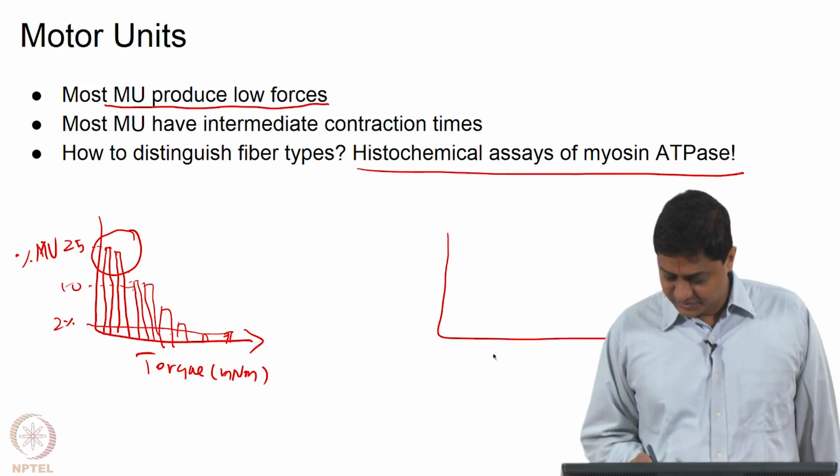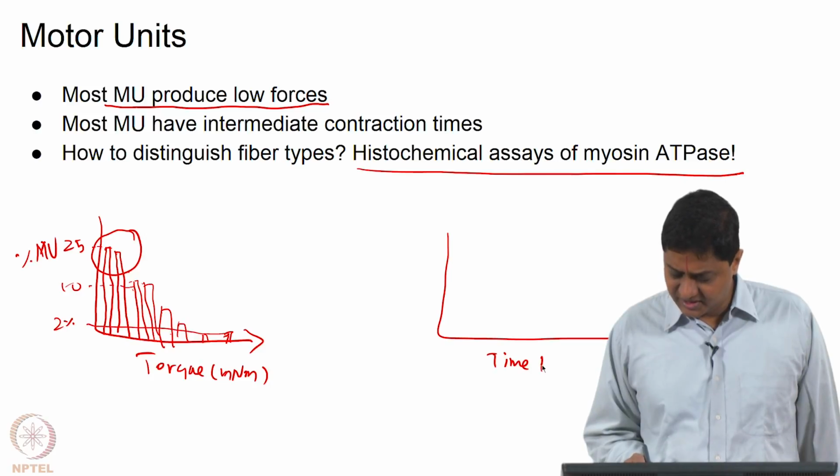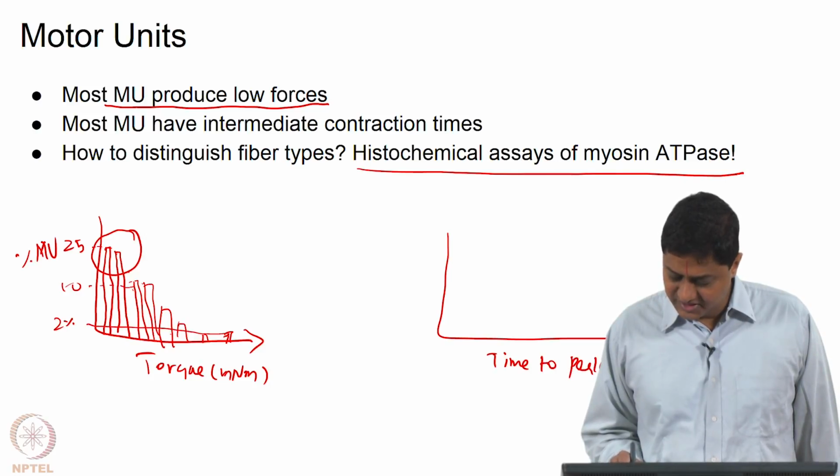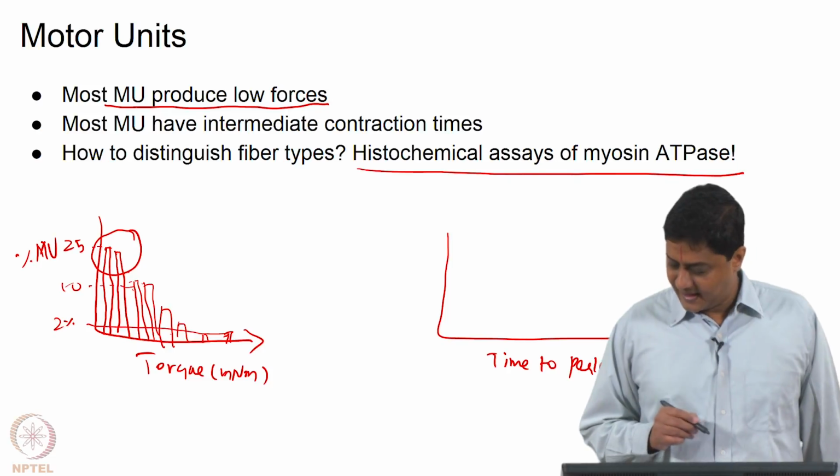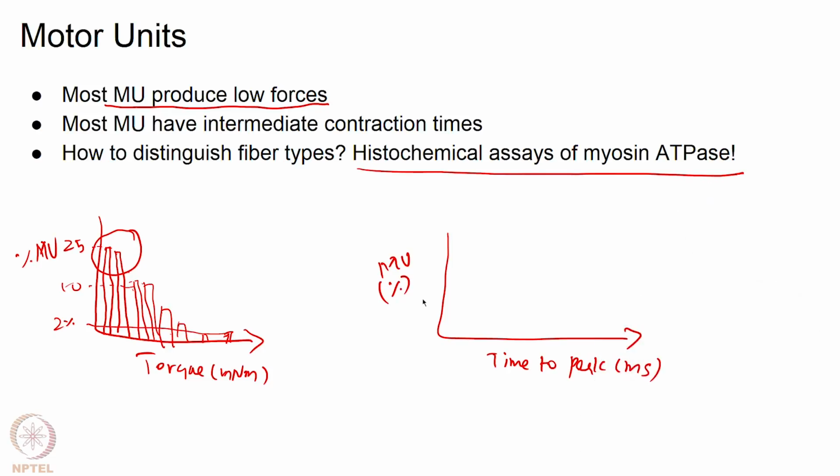Contraction time is basically the time taken to reach the peak, is it not? We saw that. If I have a similar plot for time to peak against the number of motor units, you will see that there are some smaller number of motor units with small times to peak, then that increases, and so on and so forth.